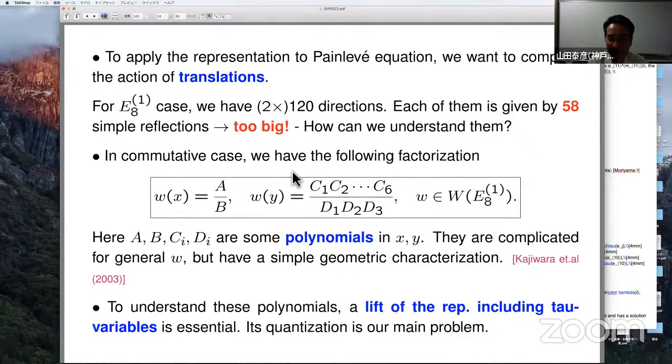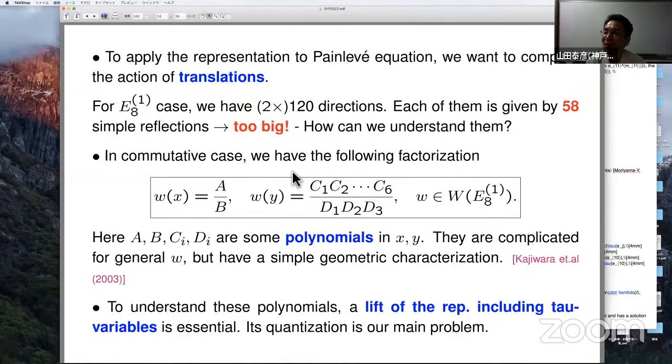They are linearly dependent, but we can consider the 120 directions simultaneously.